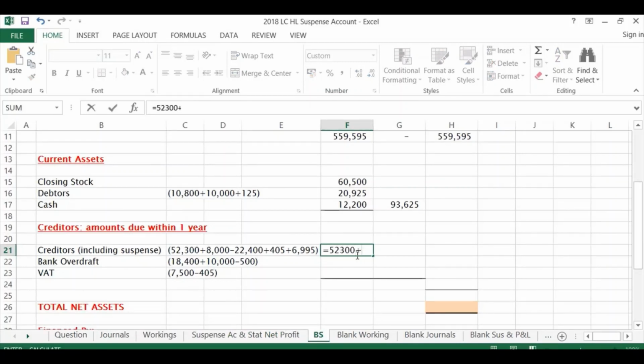I'm going to add the 8,000 credit balance. I'm going to take away the 22,400 debit balance. I'm going to add the 405 credit balance, and I'm going to add the original error from suspense that we had to fix. We had to credit the suspense originally, which would increase my creditors account by 6995. This comes to 45,300.